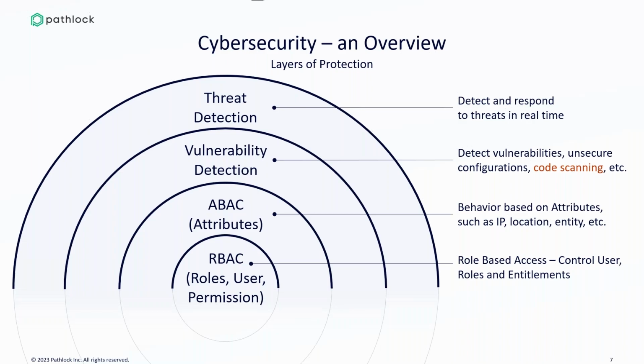The next line of defense is the vulnerability detection. Everything about vulnerability management, detecting unsecure configurations, and, as we are here today, code scanning, detecting code vulnerabilities. Everything in this direction is part of the vulnerability detection.